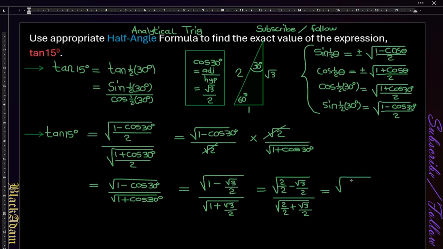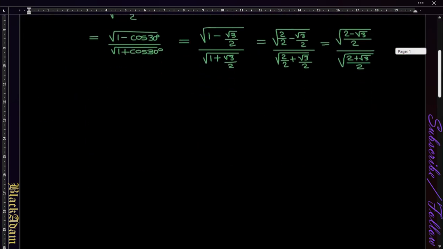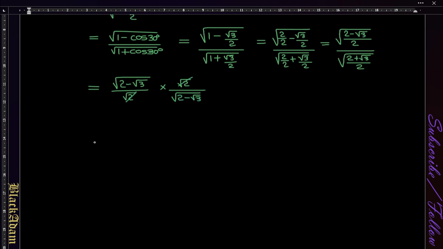Okay, so now the denominator is the same, so we add the numerators: root of 2 minus root 3 over 2, and then the same thing, root of 2 plus root 3 over 2. Now we have root 2 minus root 3 over 2 multiplied by 2 over root 2 plus root 3, and then the 2 cancels out.